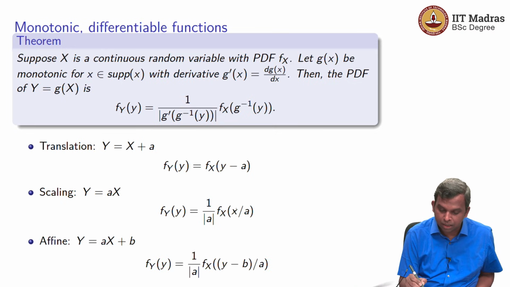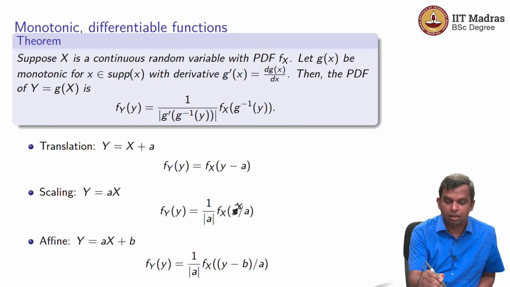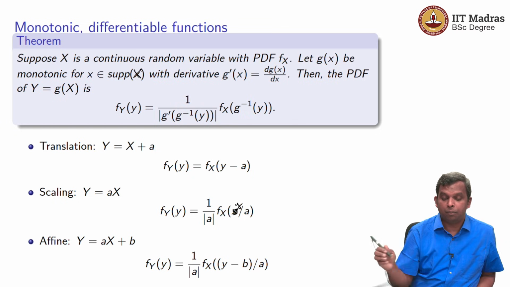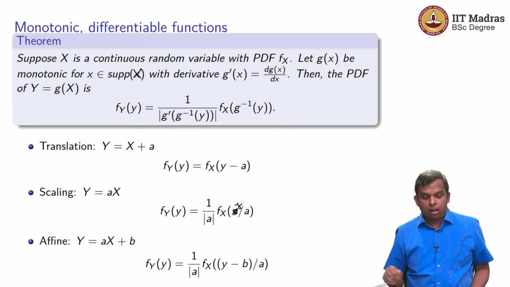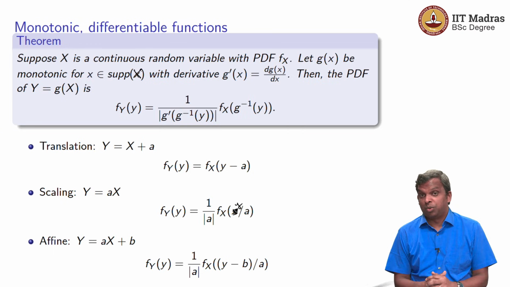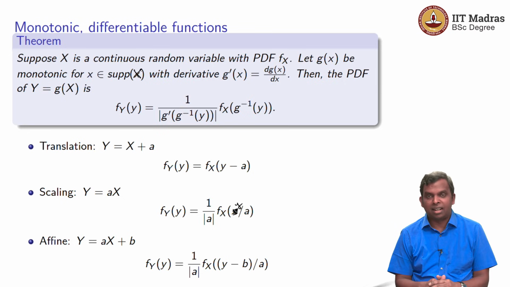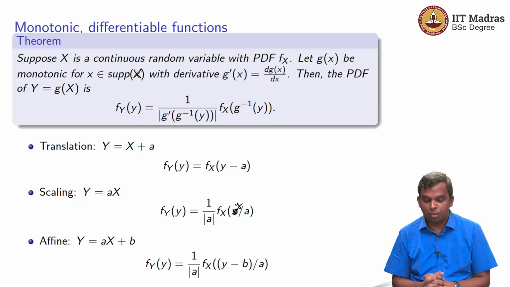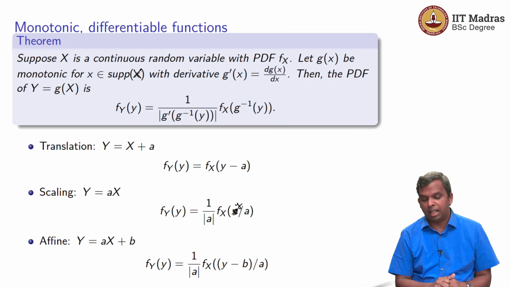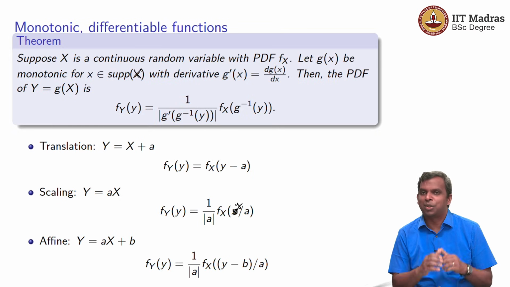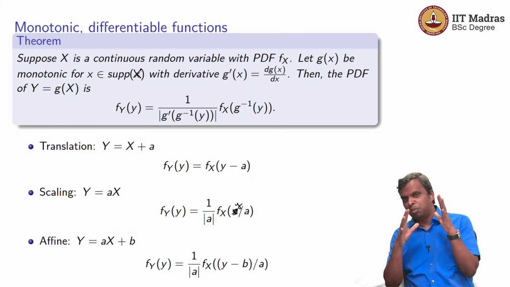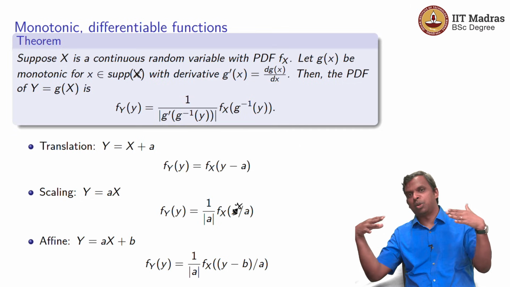Let me make my changes here so that the slides come out okay. Okay, so now you can combine the two. So ax plus b you can do. This is a very common operation. It's called the affine function. You had ax, then x plus b. You can do one after the other, and you can combine the two formulae to get 1 by mod a f_X of (y minus b) by a. I'm not going to illustrate what happens here. Things move and then get shrunk or blown up a little bit.